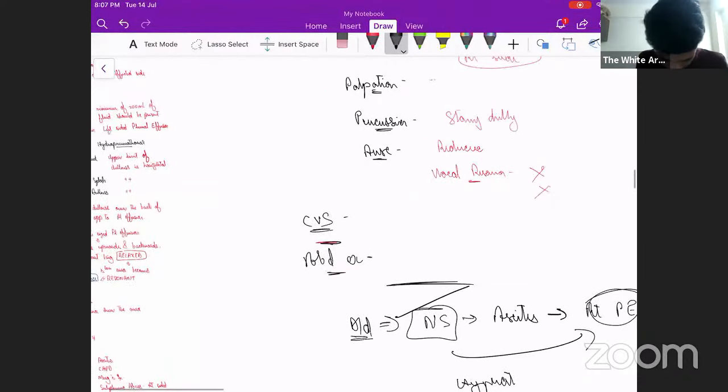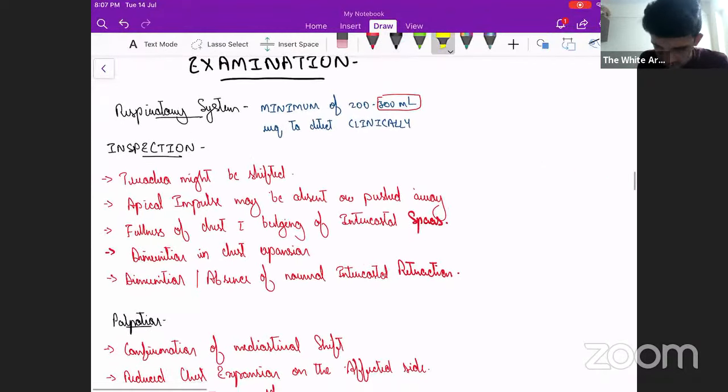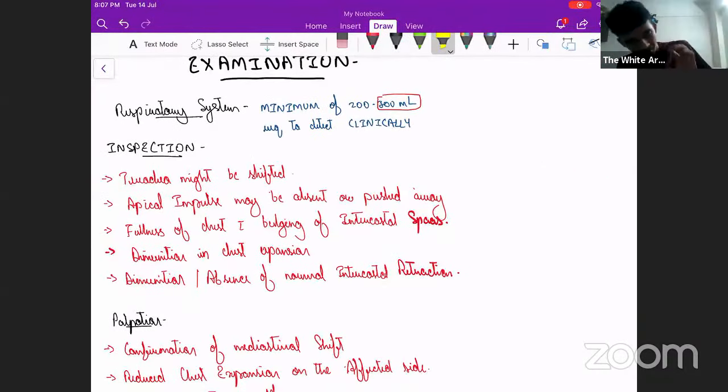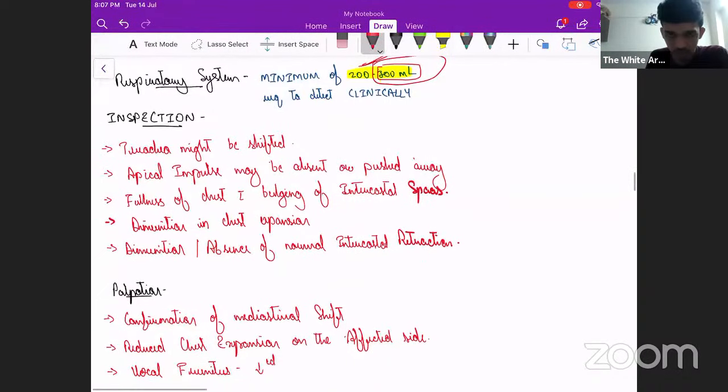Now, whatever we have done, just to sum it up. What is important in pleural effusion is mentioned over here. A minimum of 200 to 300 ml is required to detect it clinically, but in an MCQ, please go for 300 ml. So clinically, to detect pleural effusion, 300 ml of fluid should be present.